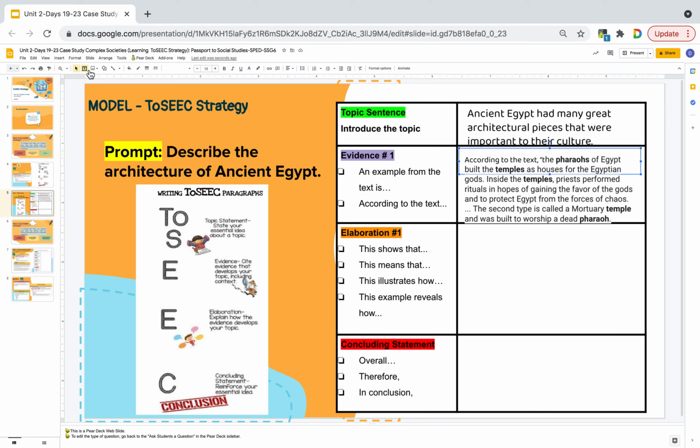Then I want to elaborate. I want to explain why this evidence is important or why it supports my answer. And again, I see some sentence starters here, so that's what I'm going to use.